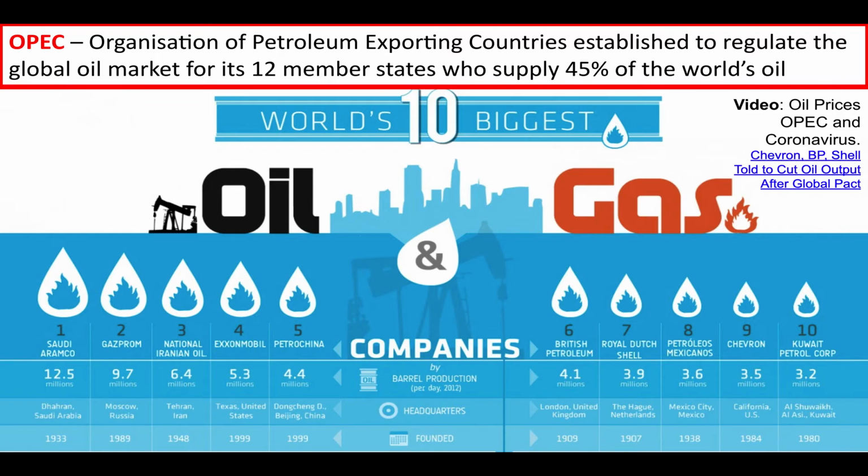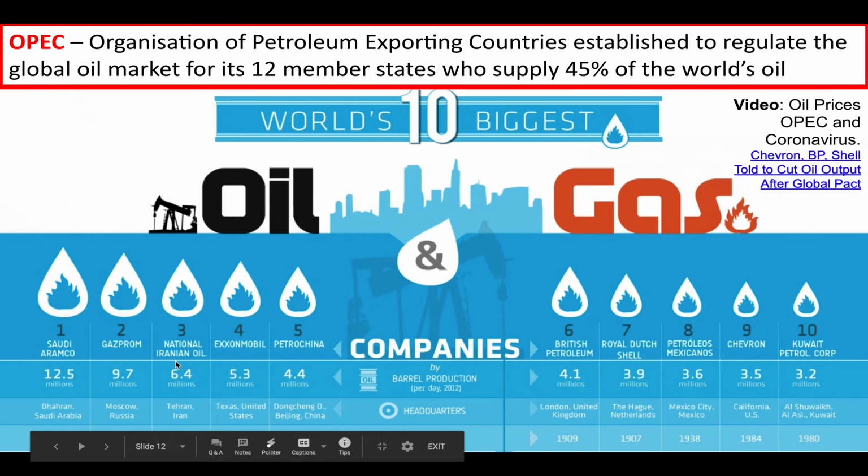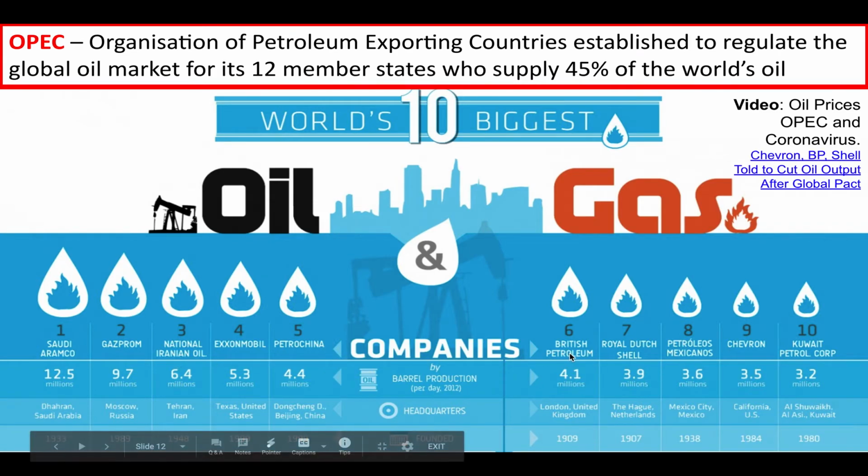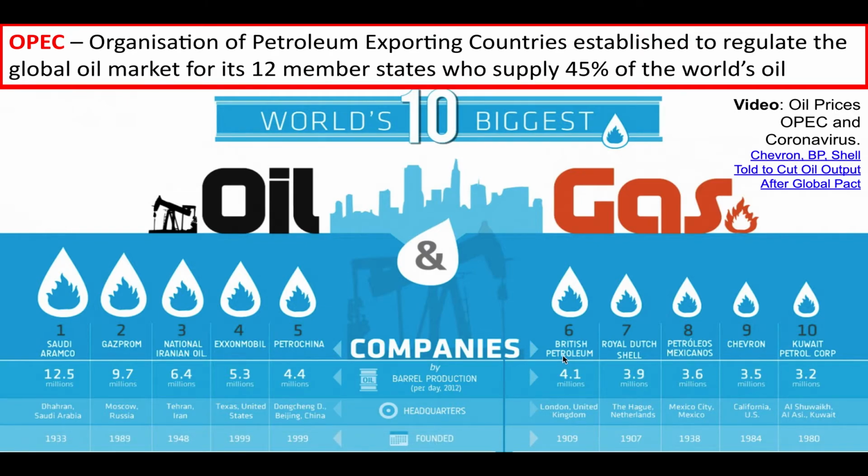I just want to ask you though, thinking other than maybe Saudi and National Iranian Oil, if we were thinking about PetroChina and British Petroleum and Royal Dutch Shell, are these places, the Netherlands, the UK, places that have loads of oil production?